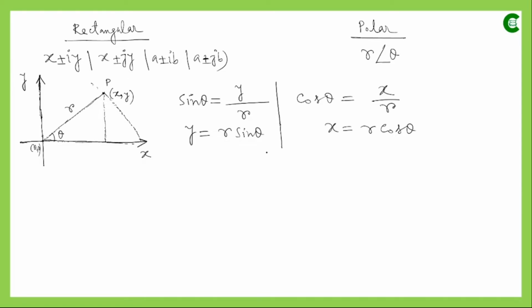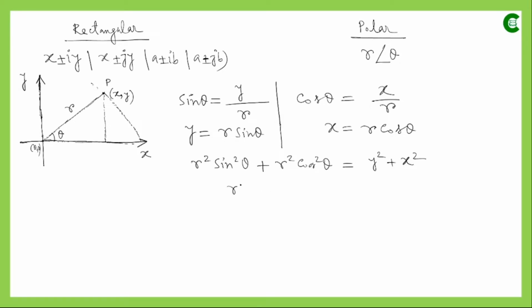Now if we want to express the rectangular representation in terms of polar, we do the reverse. If we take the square of both sides of both equations, we can write r square sine square theta, and then r square cos square theta. If we add both the terms, then on the right side from r square sine square theta we get y square, and from here we get x square.